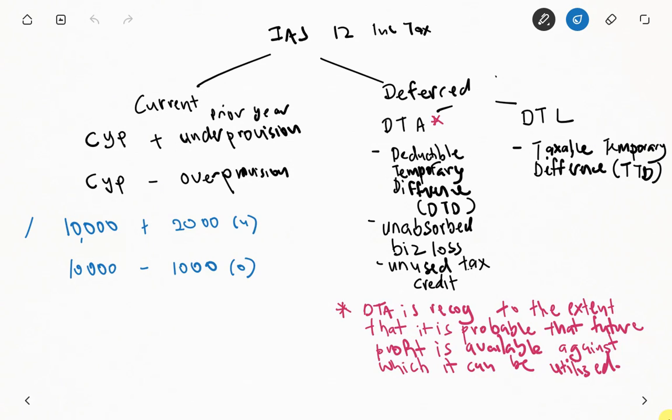Deferred means future. The reason why we have a deferred tax liability today is because in the future we have a taxable temporary difference. Taxable means have to pay tax, so we recognize liability. Therefore, a TTD, a taxable temporary difference, will give rise to DTL.